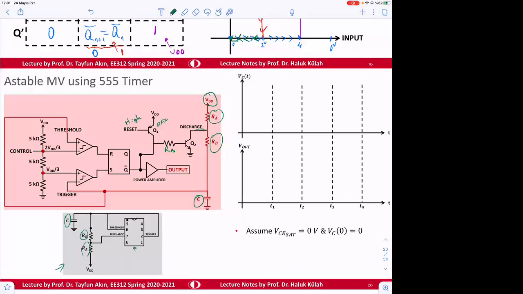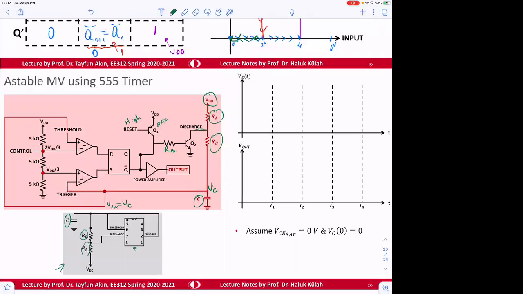By the way, what I said was wrong here. The threshold and trigger again are connected together, but that value is connected to V capacitor. So V capacitor is equal to Vin. So this is Vin, which is equal to V capacitor, because they are connected.